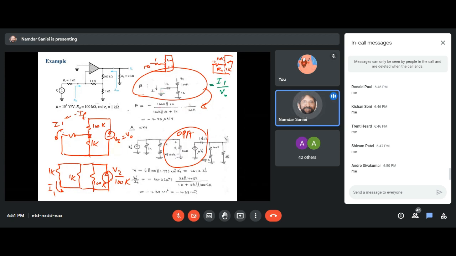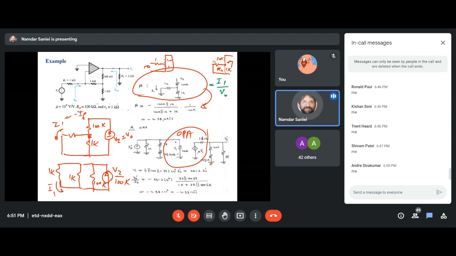Now, for R11 and R22, if we short the output side and look into the input, then we see 101 in parallel in series with 1. 101 in parallel in series with 1. And if we look at the R22 through the feedback network, we see that 1K and 1K are in parallel, then in series with 100K.